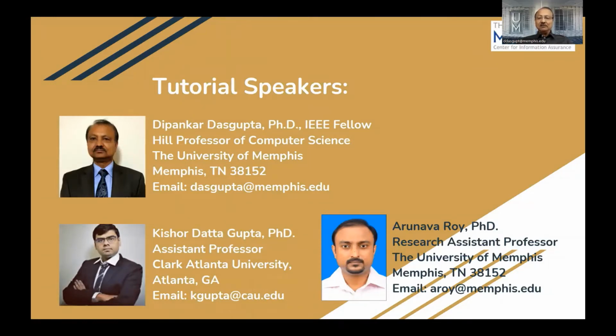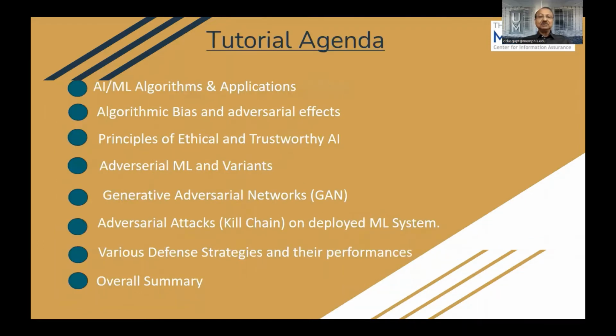And now I'm moving to the agenda for the tutorial. I'll talk about AI ML algorithms and applications, algorithmic bias and adversarial effects, and principles of ethical and trustworthy AI.